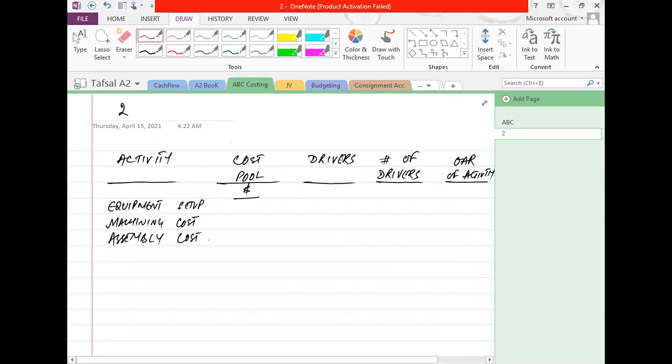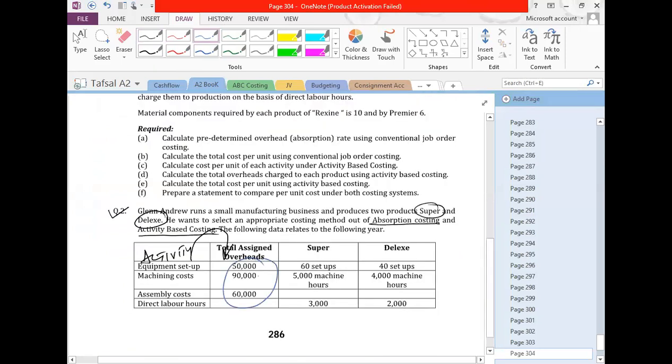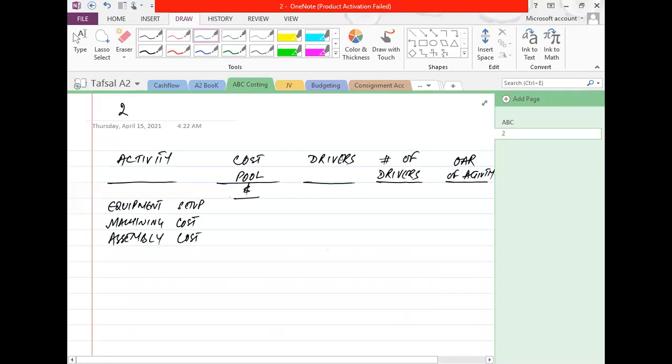Now, their cost pool. The cost pool is the total overhead or the cost included. That is 50, 90, 60. 50, 90, and 60. Kindly take the total.